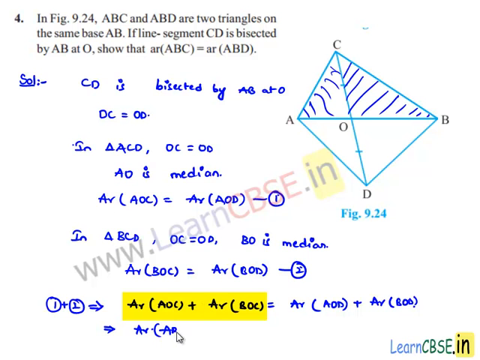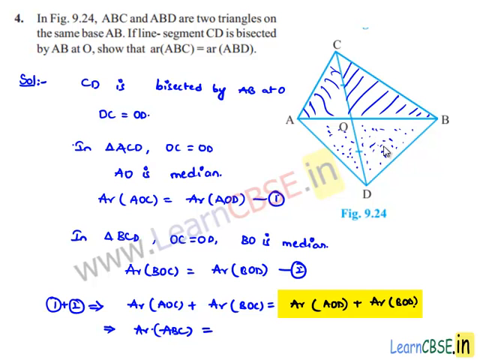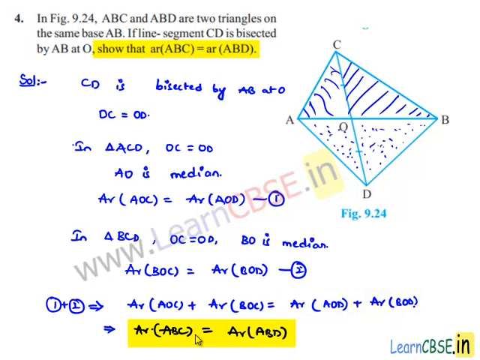Therefore, area of triangle ABC is equal to area of triangle AOD, that is the dotted portion, and area of triangle BOD, also the dotted portion. The sum of those areas is equal to the complete area covered by triangle ABD. Therefore, finally we got that area of triangle ABC is equal to area of triangle ABD. This is what we required to prove.